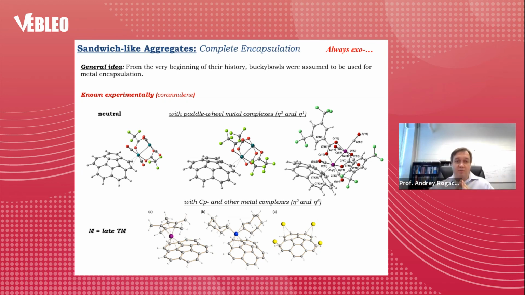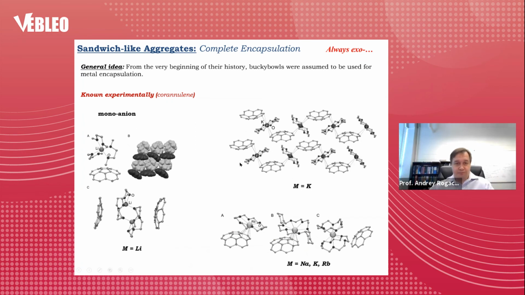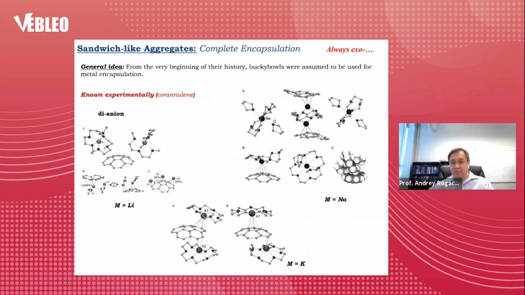Everything we know experimentally about corannulene species, for instance, shows that metals always go to the exo surface because the exo surface is a little bit more negatively charged. Here I provided examples for neutral species, for mono-anionic species, and for di-anionic species. It always goes to the exo surface, right?